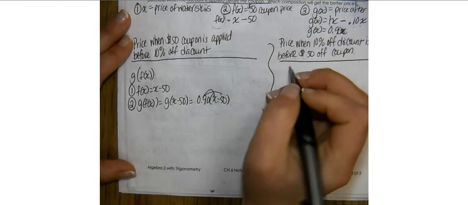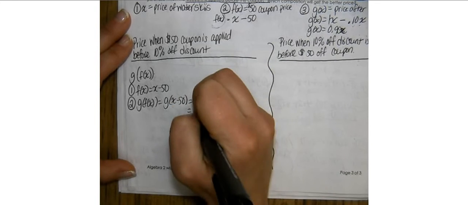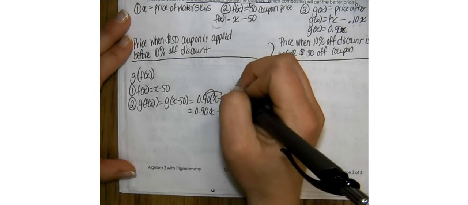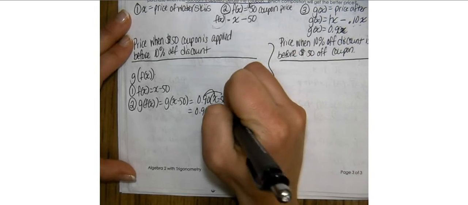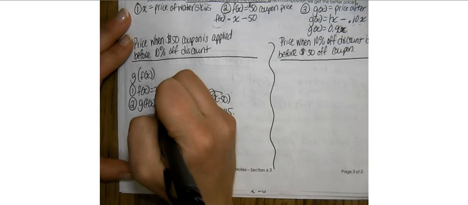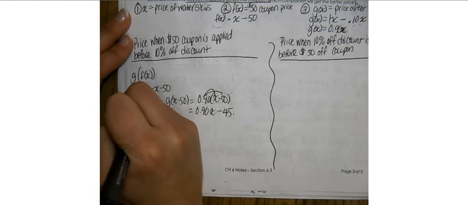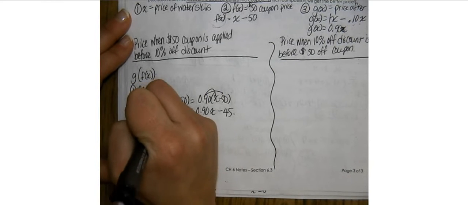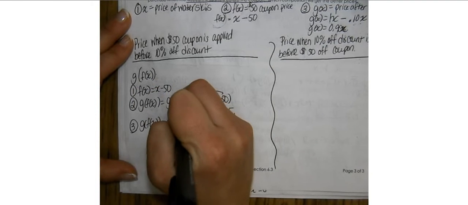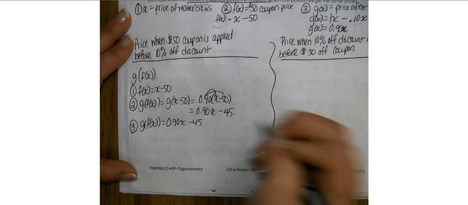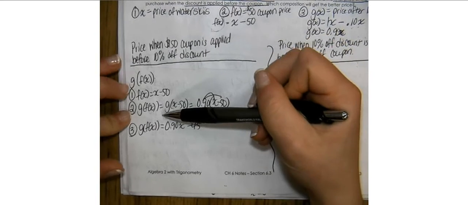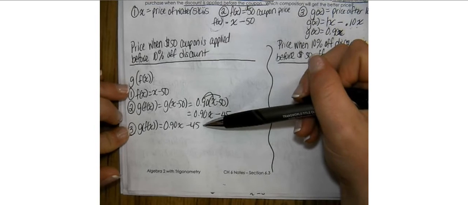Distributing 0.90 to each term, I end up with 0.90x minus 0.90 times 50, which is 45. I'm going to leave my expression just like that. So this is what g of f of x is. So g of f of x is equal to 0.90x minus 45. And all I did is I applied f of x first, then I applied g of x, and I was able to come up with my number.